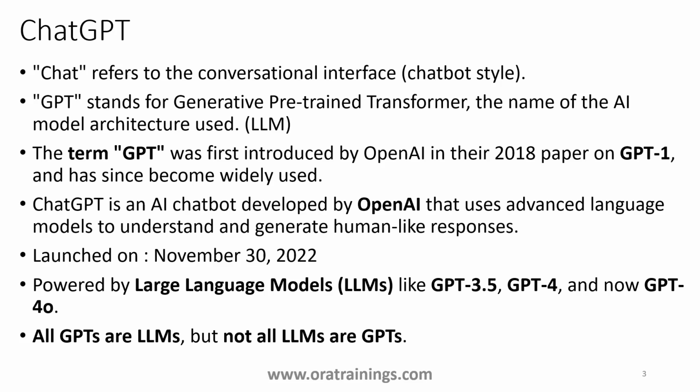Generally, whenever GPT is mentioned with a version like GPT 1, 2, 3, 4 or 4.0, it is exactly a product from OpenAI, which is an LLM model. Whenever you just say GPT, it may not be an LLM, but whenever you say GPT 3.5 or GPT 4 or GPT-4o, definitely it is an LLM. And it was launched in 2022.